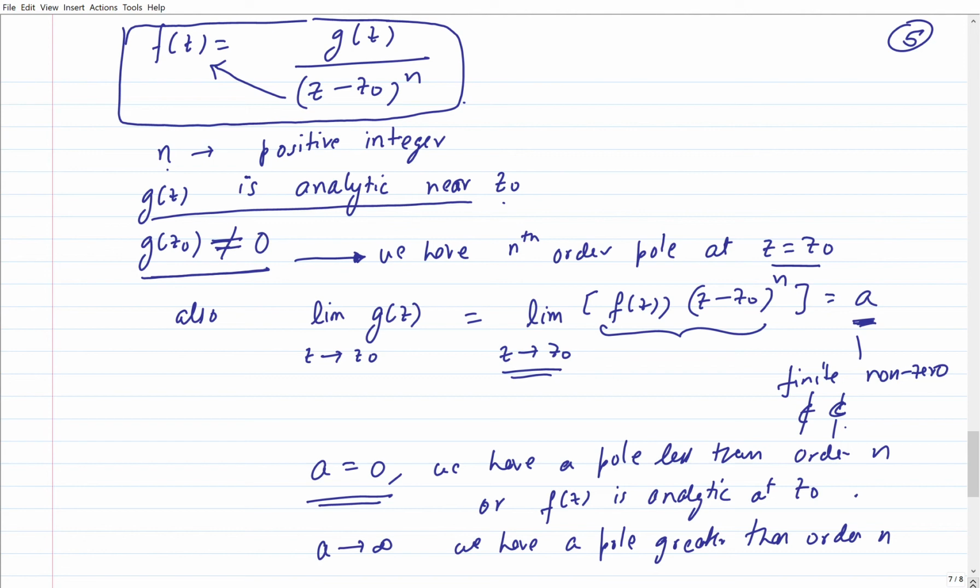So that basically means that fz is indeed analytic. And if a goes to infinity, then I am underestimating. I have a pole which is greater than order n. There is something in the structure of gz which tells me that the pole is greater than order n.